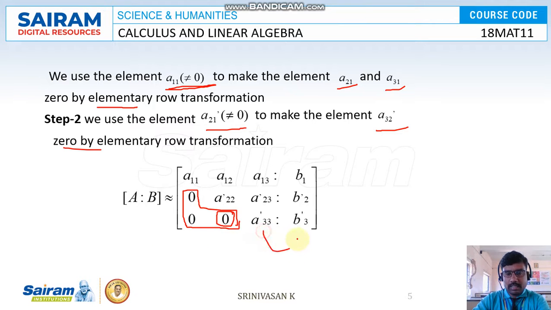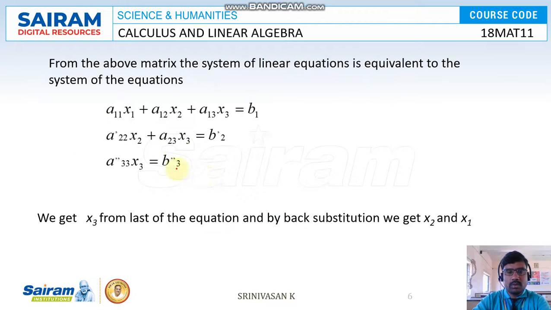Next we can compare the matrix and the coefficients, that is a33. This is the first equation: a11 into x1 plus a12 into x2 plus a13 into x3 equal to b1.